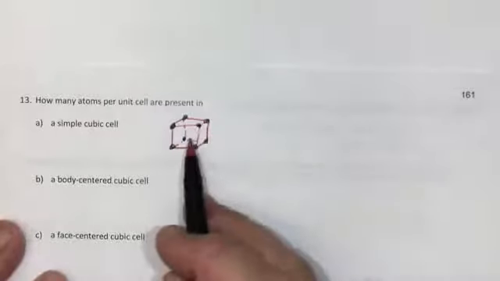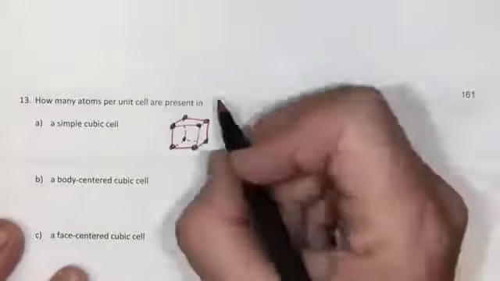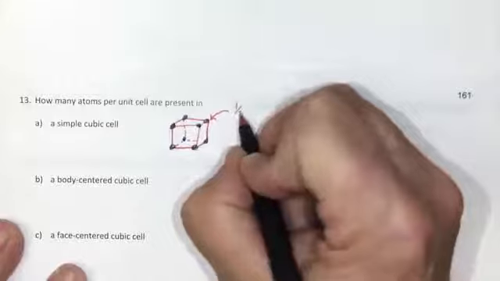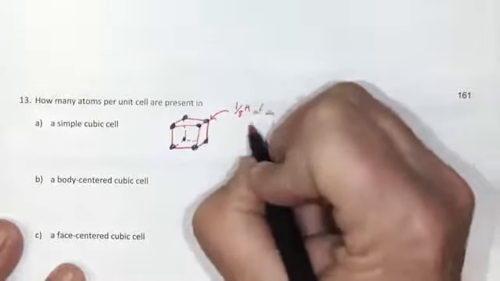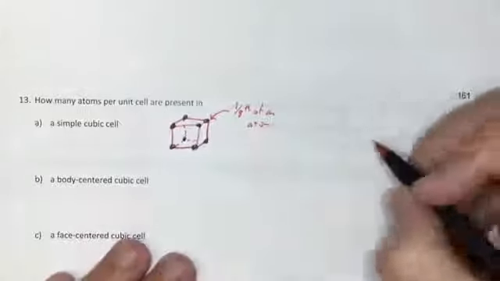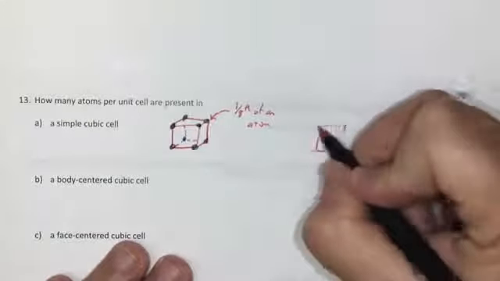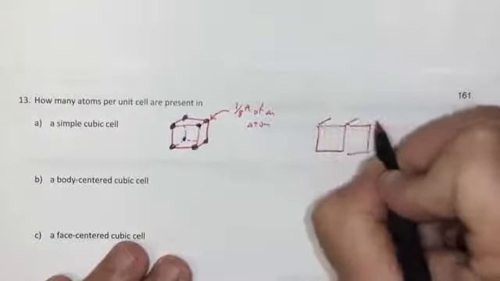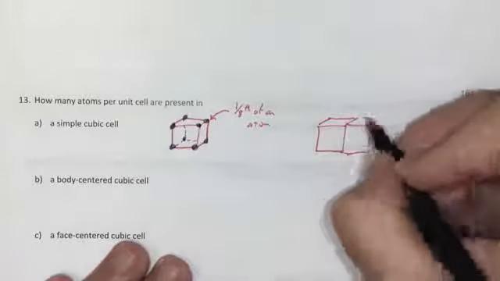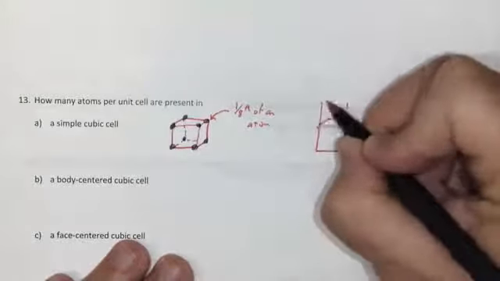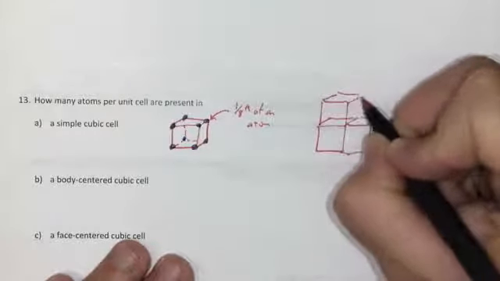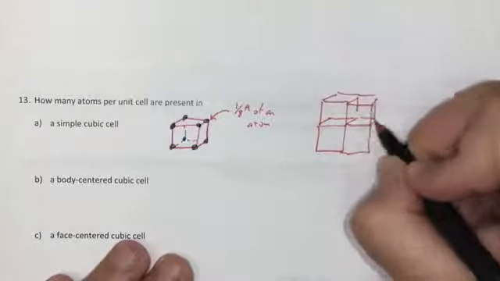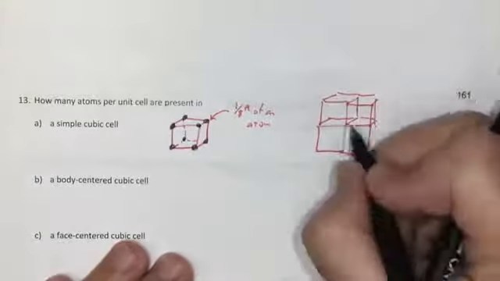Now, to determine the number of atoms present per unit cell, each one that I see is 1/8 of an atom. That's because if you look at the cubes stacked together, if I have a cube stacked next to this one, and another cube right here, and another cube right here, now focus on this one.